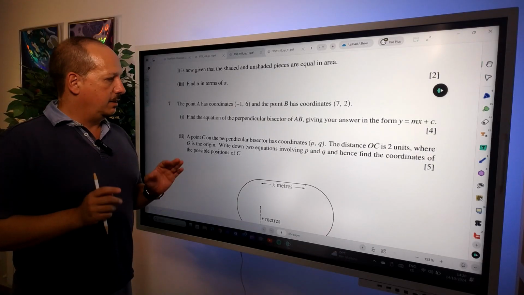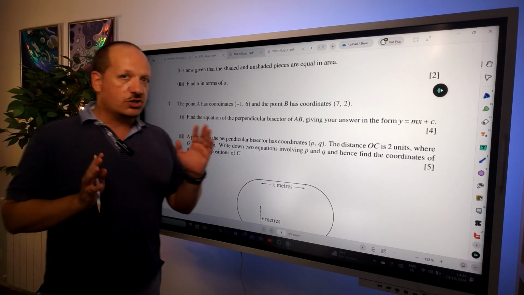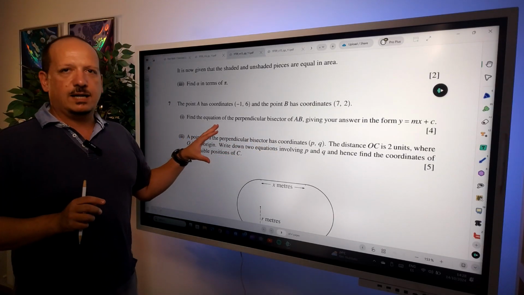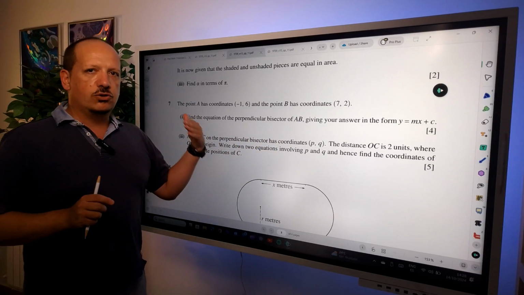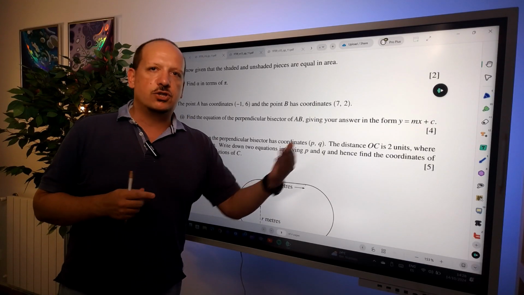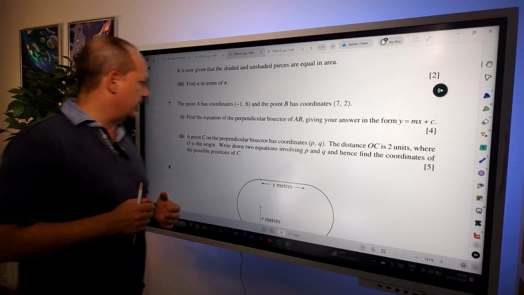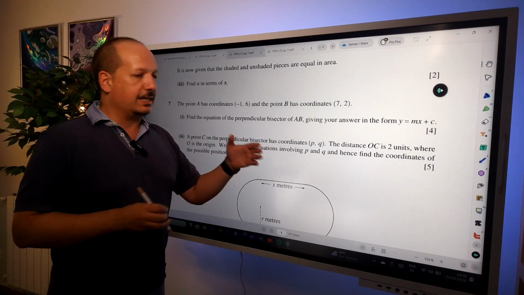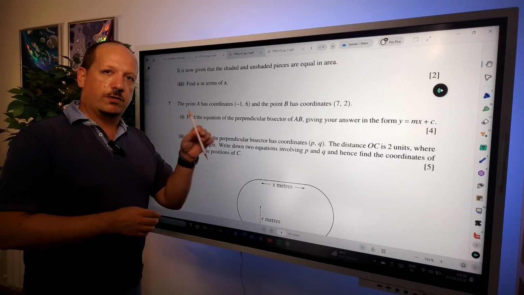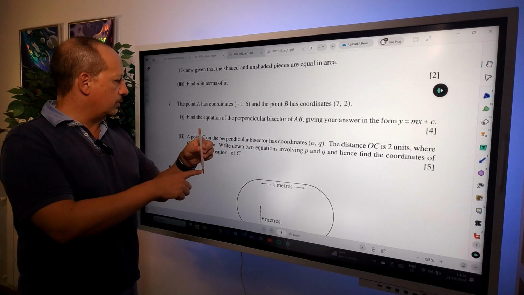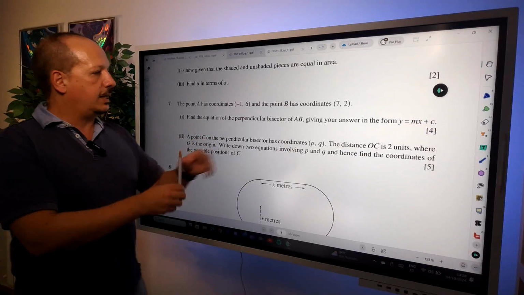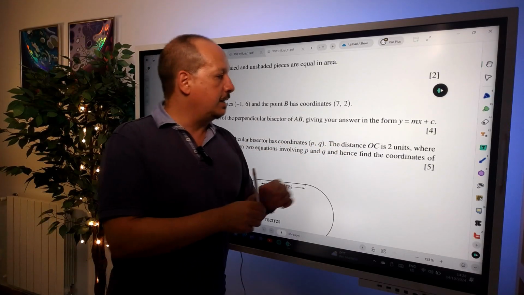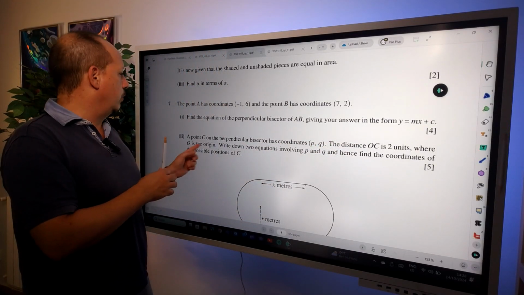Let's read again, now thinking of the strategy already. You should first skim through the question, understand what is there, and then read it again in order to start figuring out the strategy that you are going to follow to answer the question. So, you have a point C on the perpendicular bisector that we just got. We know the equation of the perpendicular bisector. So we are now talking about a point C over here that has general coordinates p and q, could be anything. But you know that the distance OC is 2 units, where O is the origin.